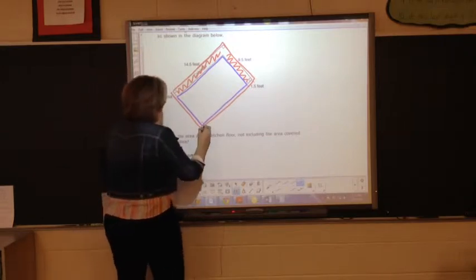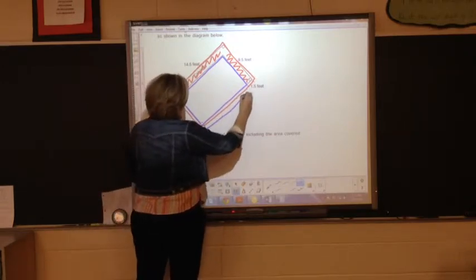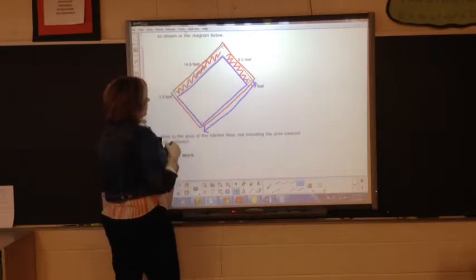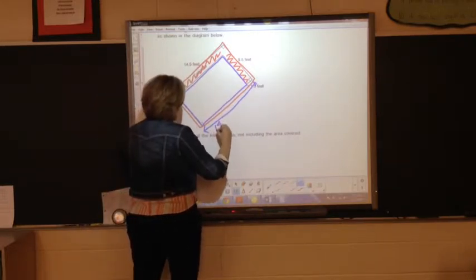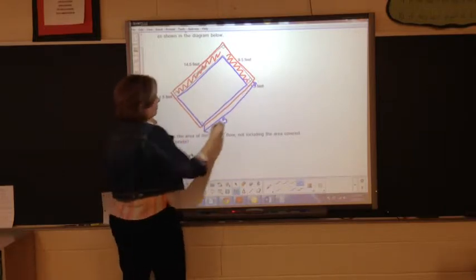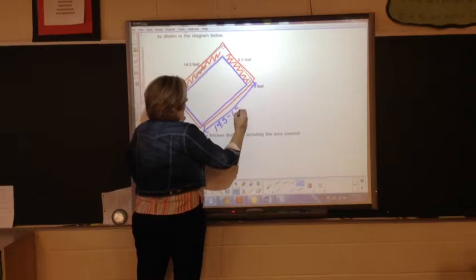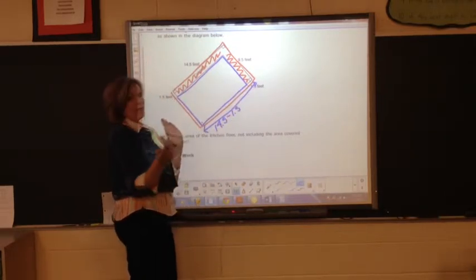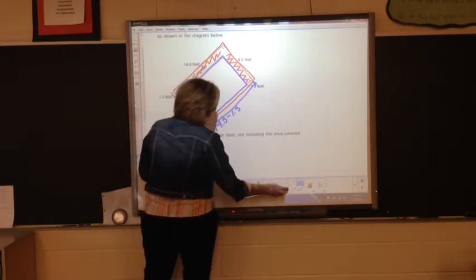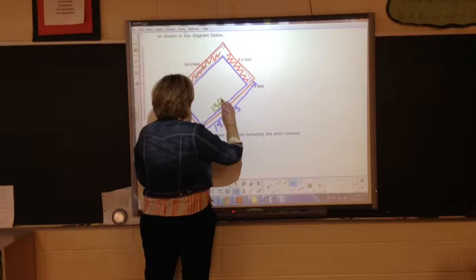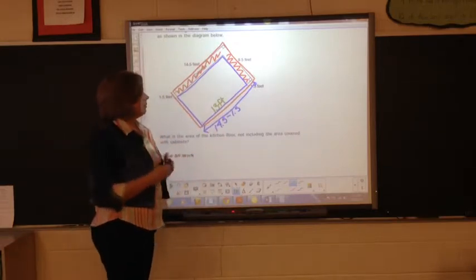So I know that this entire shape, this entire diagram, is 14.5 feet long. But I also know that I have 1.5 feet of cabinetry. So I'm going to subtract that. So that way I know 14.5 minus 1.5 gives me a total of 13 feet for my length.